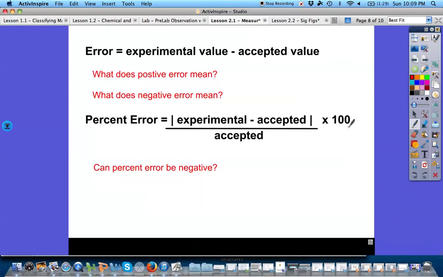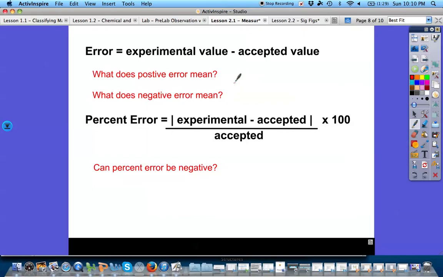So there are 2 types of error that we need to look at, and error equals the experimental value minus the accepted value. So experimental is what you measure, accepted is the known value.